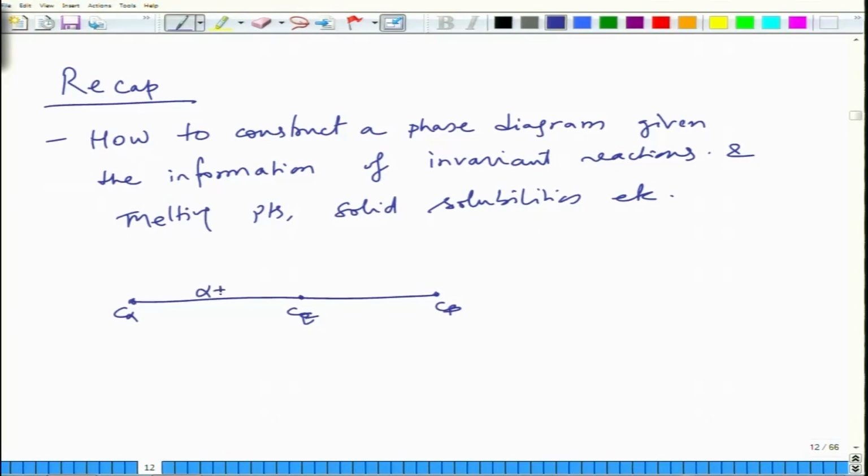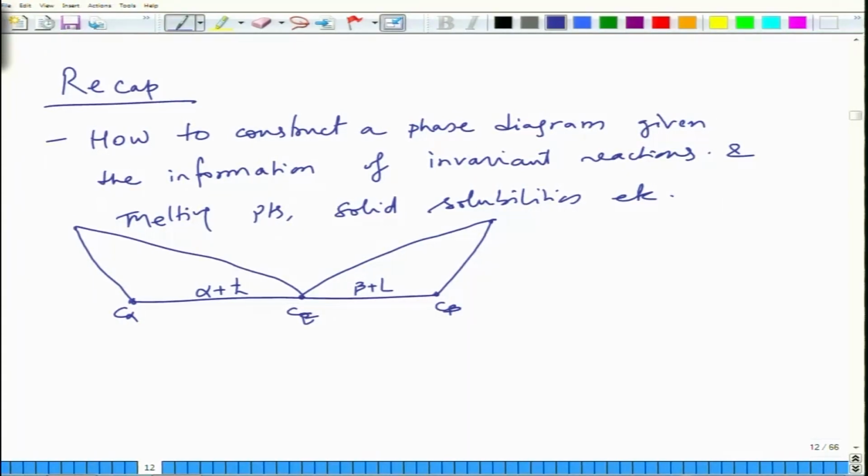You know that this phase field is alpha plus liquid, this phase field is beta plus liquid. So connecting the phase boundaries to various terminals, you know that this is the melting point of one, this is the melting point of another. Since beta and liquid have to coexist, the phase boundary should be like this. Similarly, on this side the phase boundary should be like this.